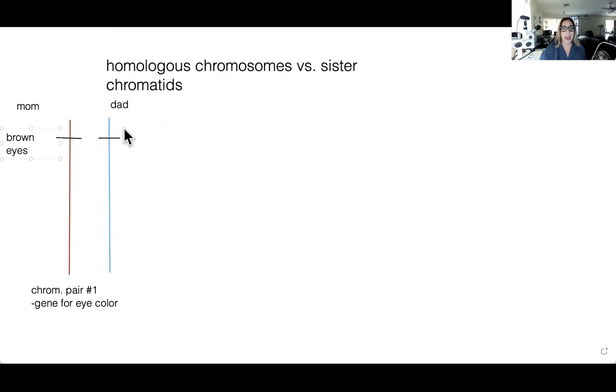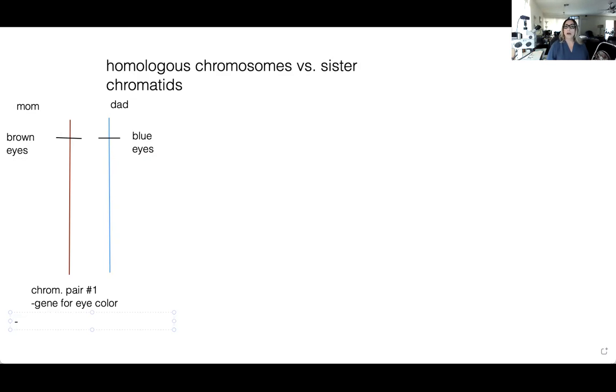And dad has blue eyes. Like I told you, eye color does not really work this way. So if you look it up, you're going to find a ton of different information. But the important thing here is that on chromosome pair number 1, the gene for eye color is present. But mom has a different version of that gene than dad. Mom has the brown eye version, dad has the blue eye version.